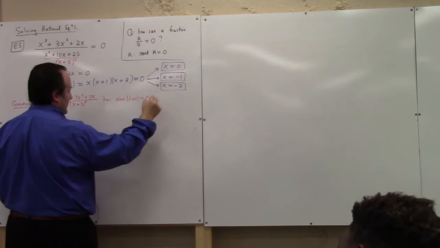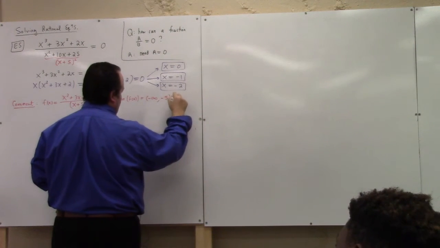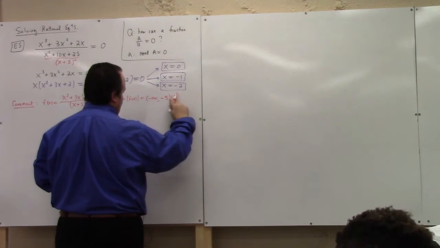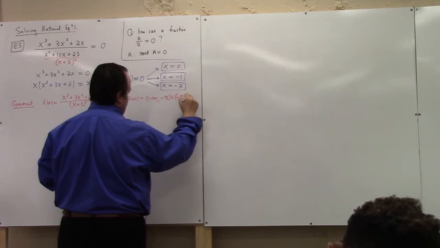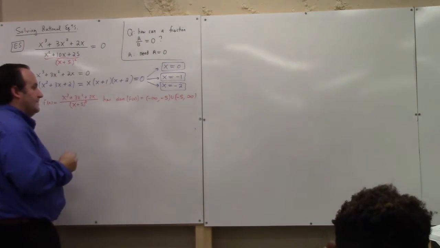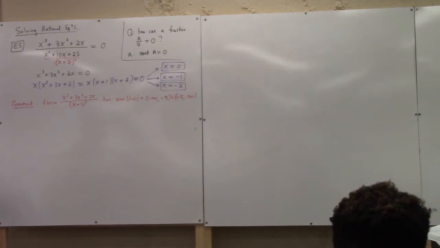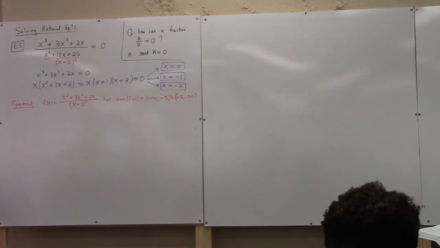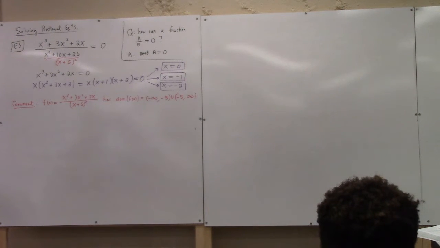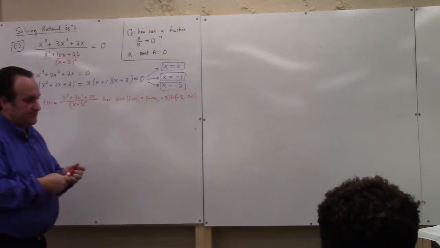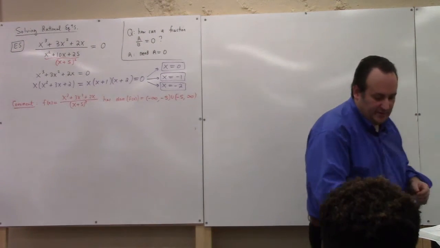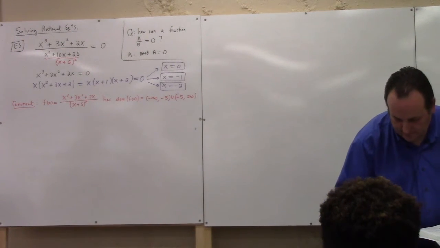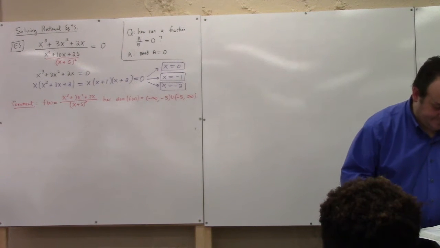Minus infinity to minus 5, union with minus 5 to infinity, right? We just have to exclude minus 5. We talked about that at the start of this whole discussion about rational expressions, right? Just circling back to that for a second. All right, let's look at another one. Unless there's a question. You guys can ask a question if you got one. That's always the case.